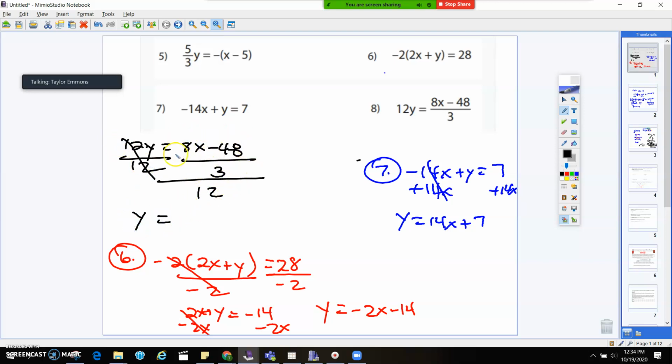We're going to keep the top fraction, change the division line here, and then flip the bottom fraction. All right, so then we're going to multiply straight across. So when we multiply straight across, we're going to get 8x minus 48 over 3 times 12, which is going to give me that 36.